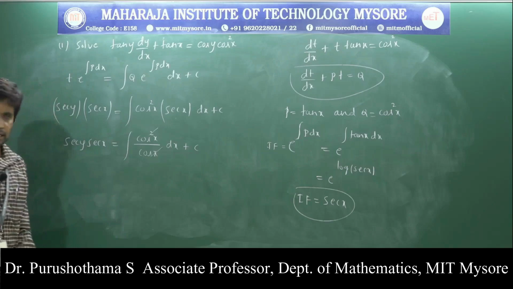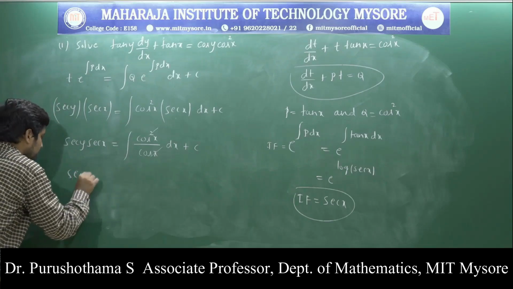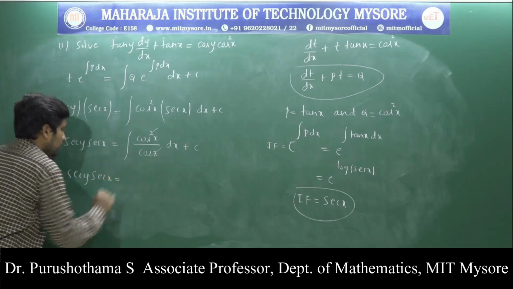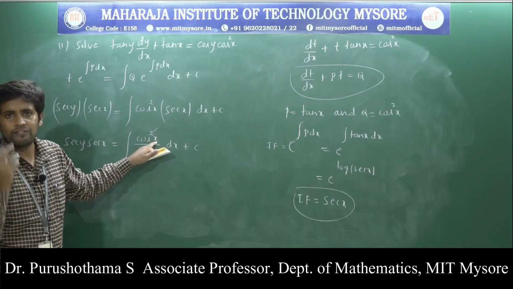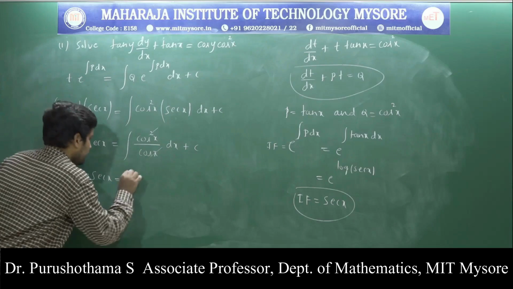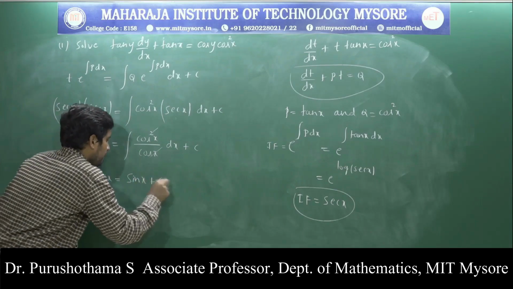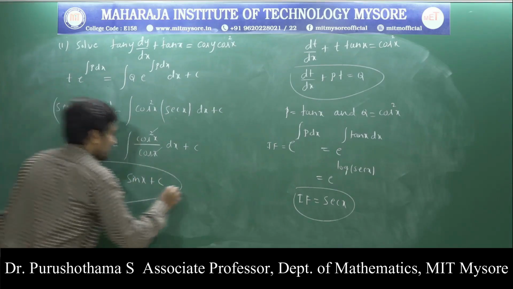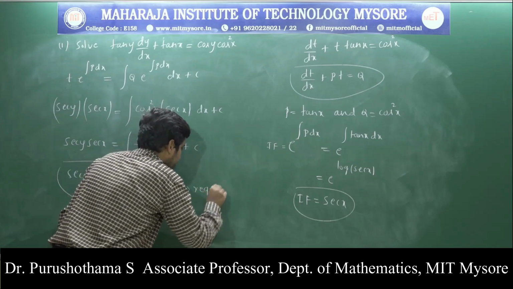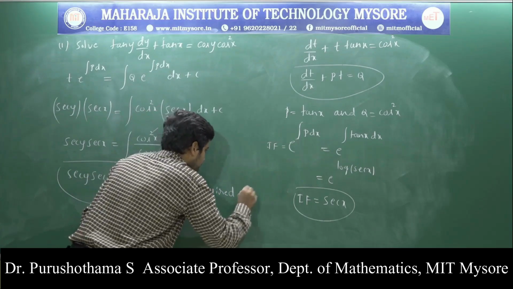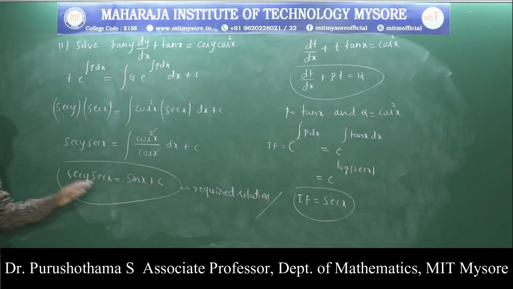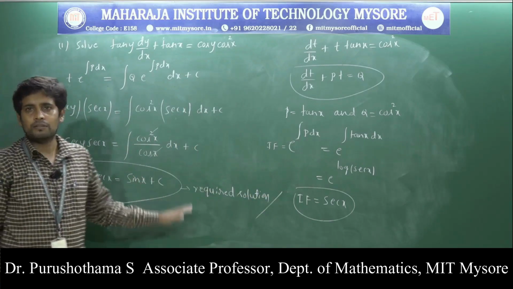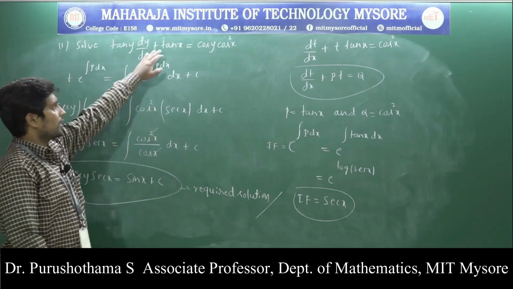Here one cos gets cancelled, remaining secant y into secant x equal to the integral of cos x, and we know that the integration of cos is sin x, therefore sin x plus c. This is the required solution: secant y into secant x is equal to sin x plus c is the required solution of the given problem.